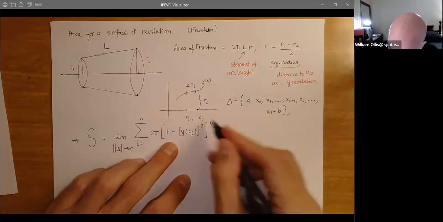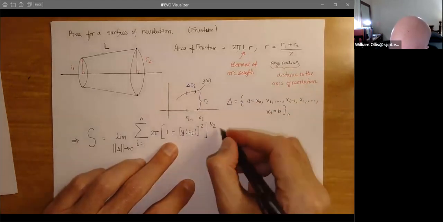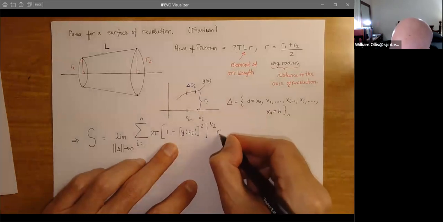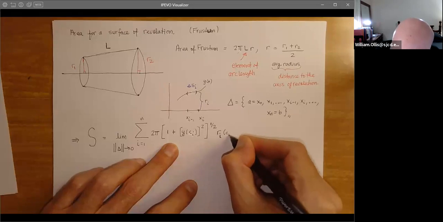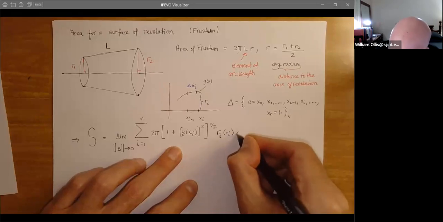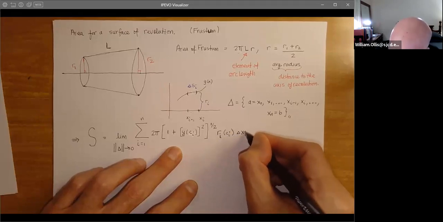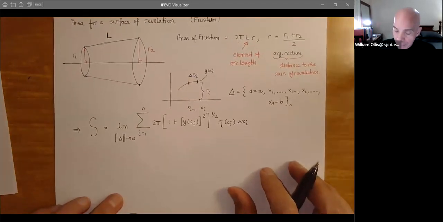And then we'll have the distance to the axis of revolution, r of c sub i, and then the delta x sub i from the element of arc length.